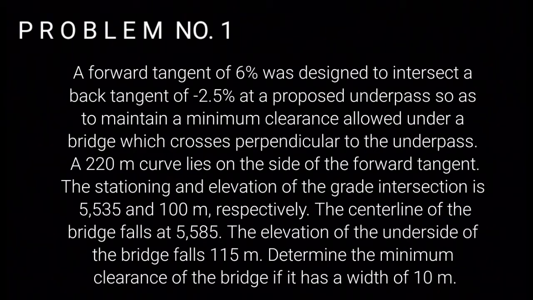The stationing and the elevation of the grade intersection is 5,535 and 100 meter, respectively. And the center line of the bridge falls at 5,585. The elevation of the underside of the bridge falls 115 meter. Determine the minimum clearance of the bridge if it has a width of 10 meter.